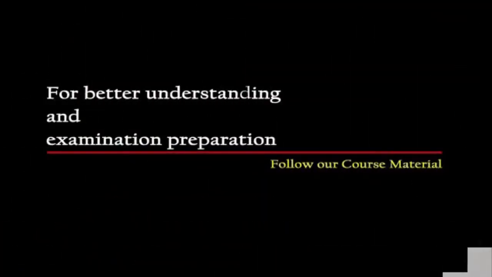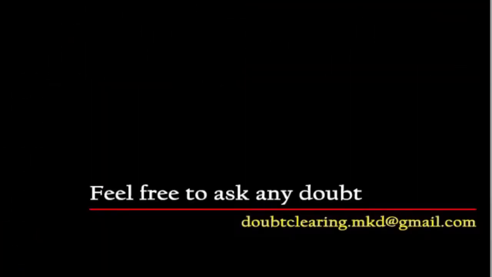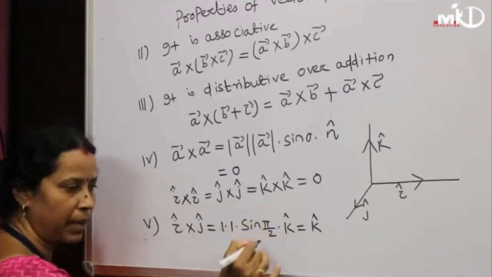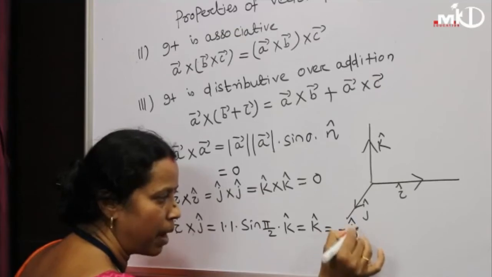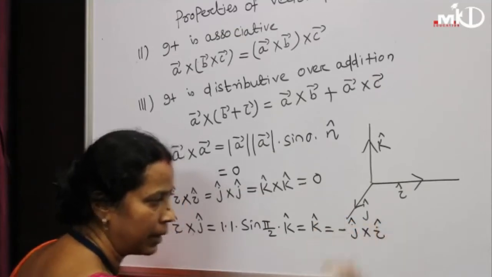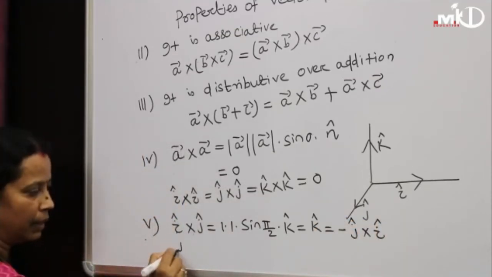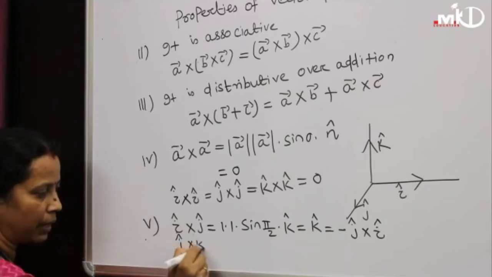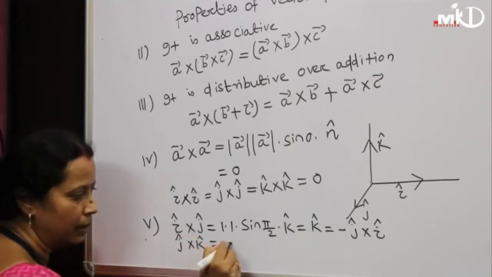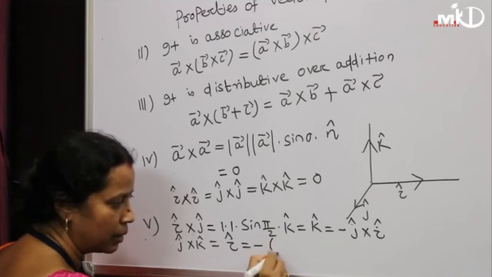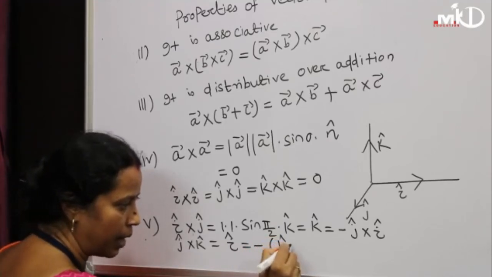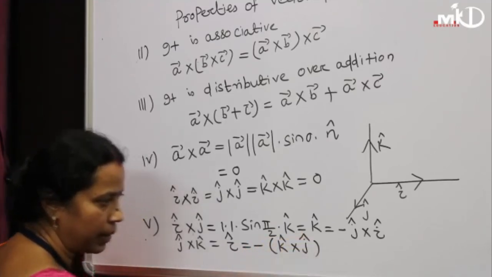So we find i cap cross j cap is equal to k cap, because sine pi by 2 is equal to 1, and it is also denoted by minus j cap cross i cap. Similarly, j cap cross k cap, in cyclic order, is equal to i cap, which is equal to minus k cap cross j cap.